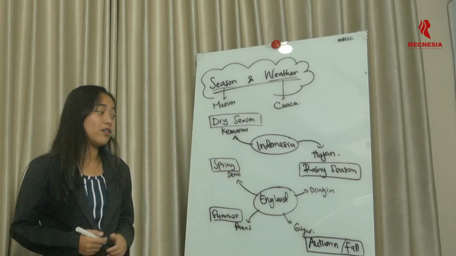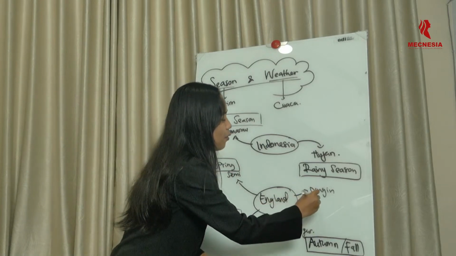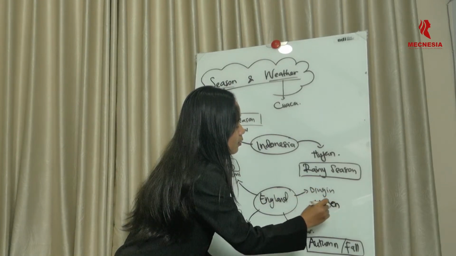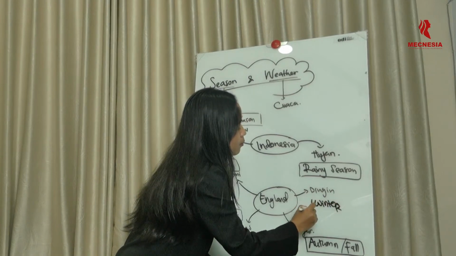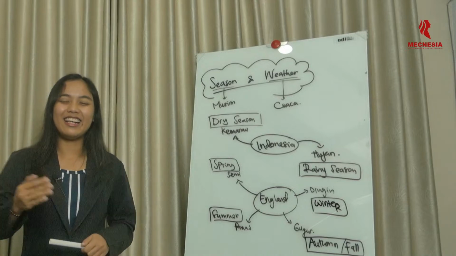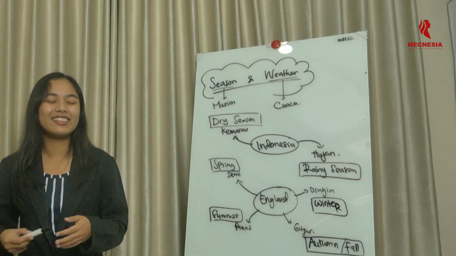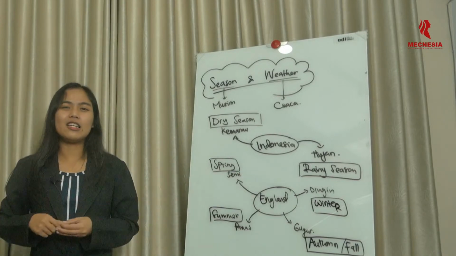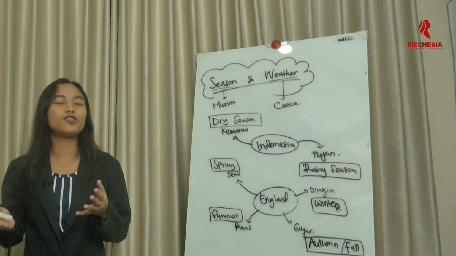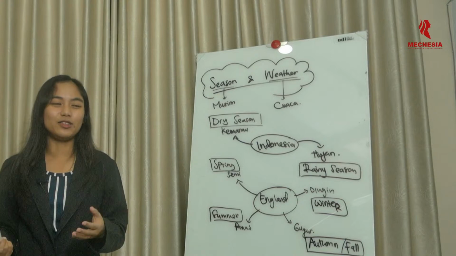And lastly, but not least, we have musim dingin or winter. Winter. Let's say it. Winter. Okay, di musim dingin, it's usually very cold. And there's snow. Dan biasanya juga ada salju.